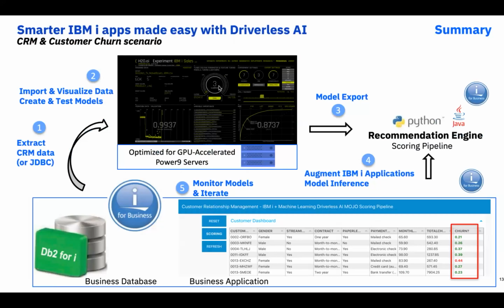So then I have to maybe ingest new data coming from production, iterate, update the existing models, and export them as a microservice on my AIX and IBM i, and invoke this scoring for my existing ILE, Java, PHP application. So this is really a loop where I have to make sure that the model is still accurate, right?